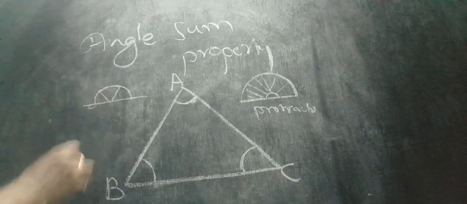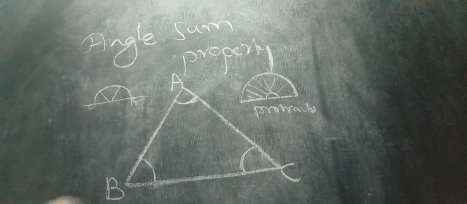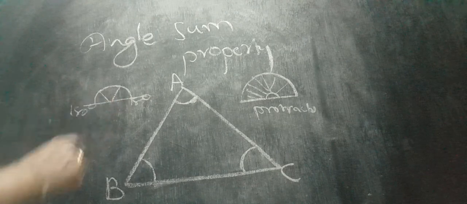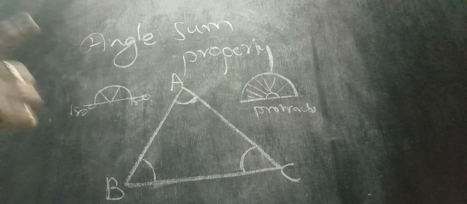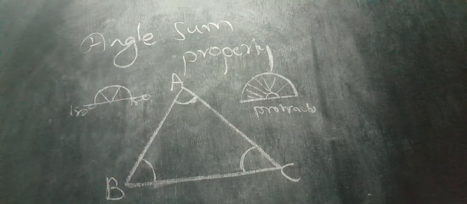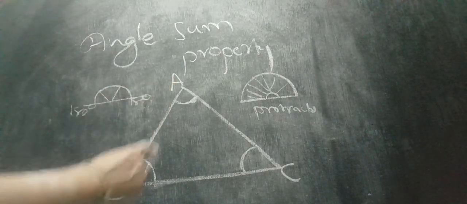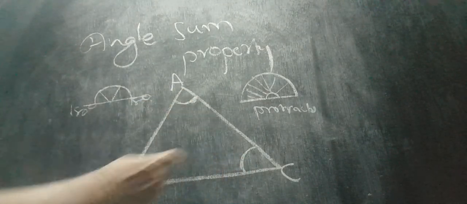On the protractor, left side will be 0, right side will be 180, or right side will be 0, left side will be 180. The total angle is equal to 180 degrees. So you should understand by measuring and adding, or try to understand by activity. Take a paper, draw a triangle and cut the angles.